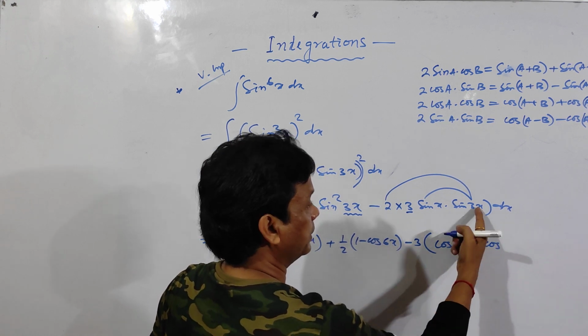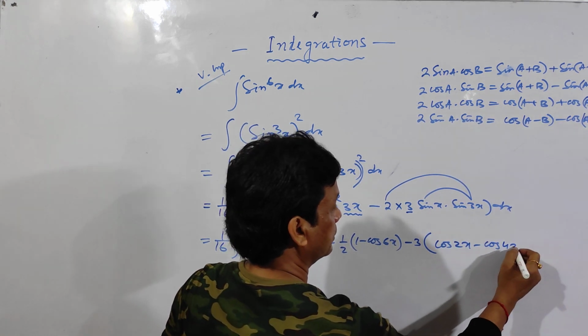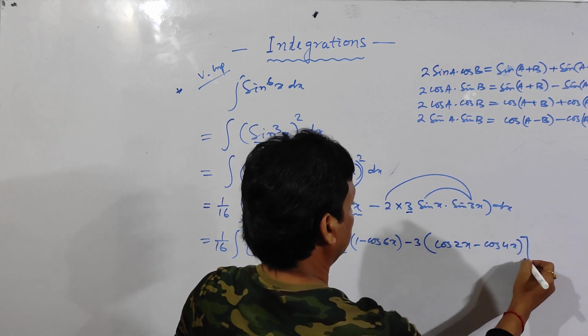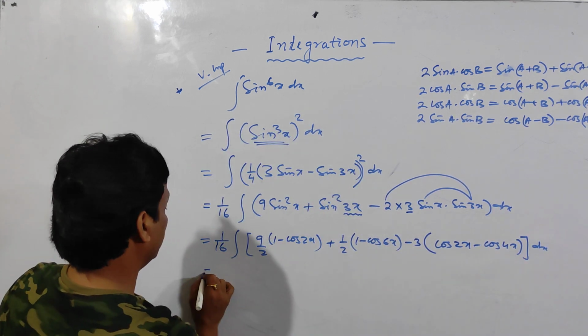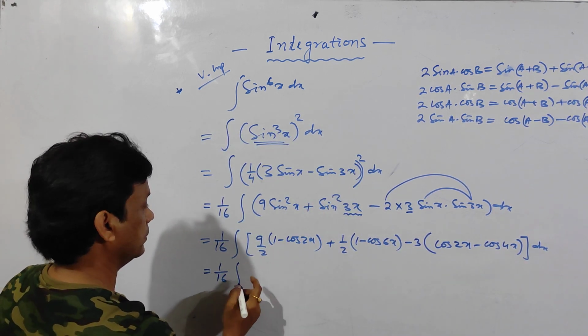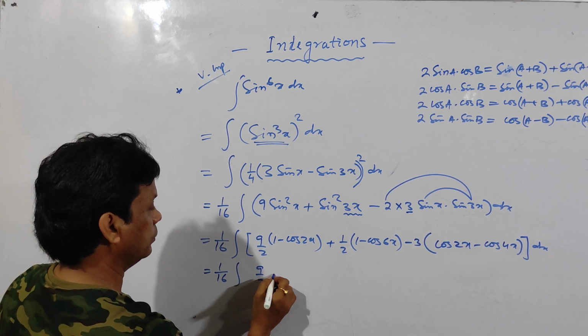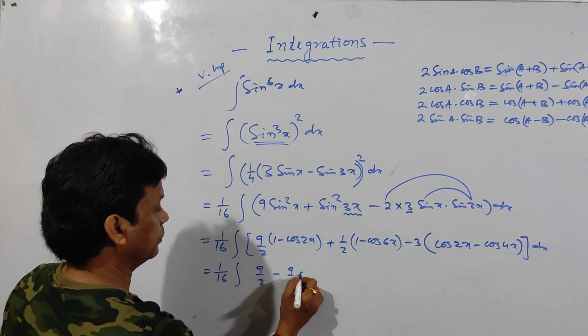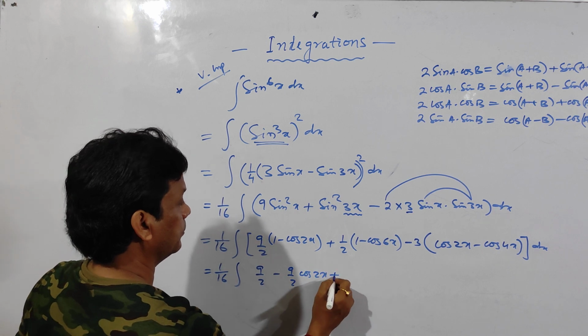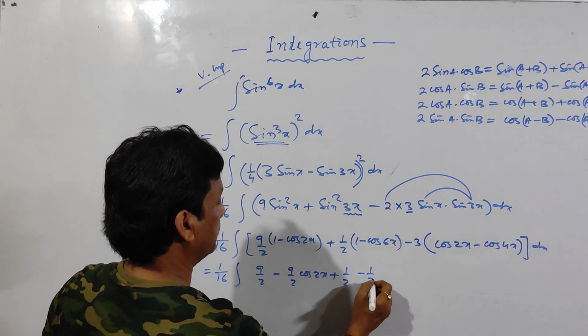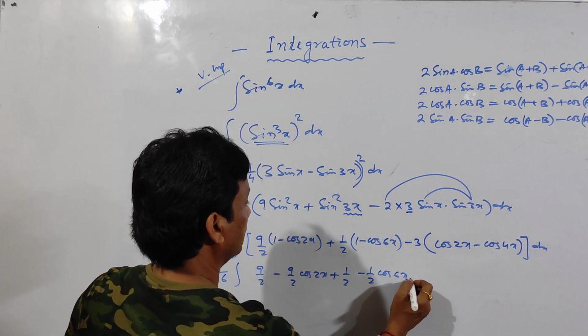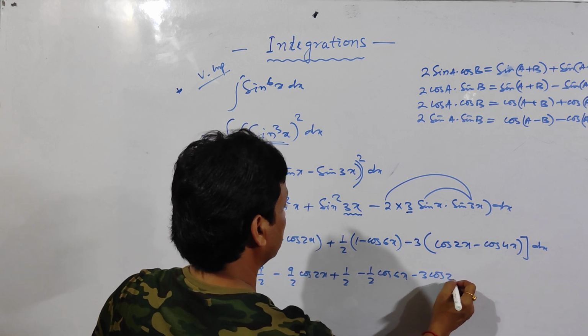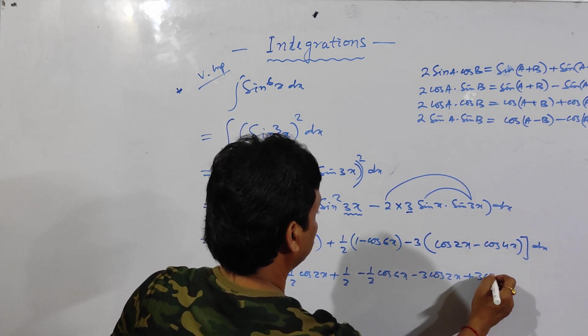Minus cos(A plus B): 3x plus x, it is 4x, dx. So it is 1 by 16 of 9 by 2 minus 9 by 2 cos 2x plus 1 by 2 minus 1 by 2 cos 6x minus 3 cos 2x plus 3 cos 4x.